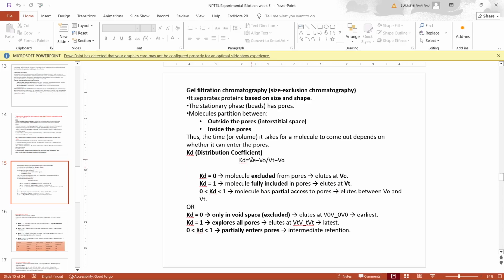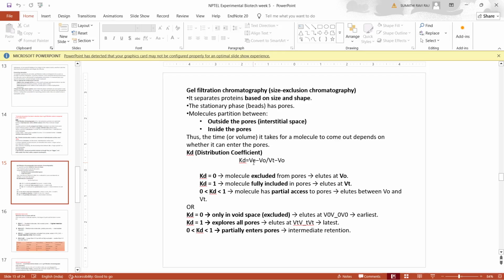So if your elution volume is much higher than your void volume, and even after dividing it by your total volume, your KD is still showing above 1, that means your protein is stuck inside.